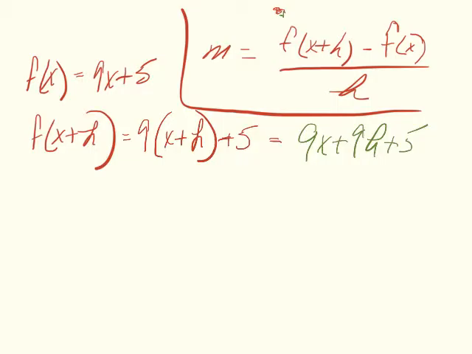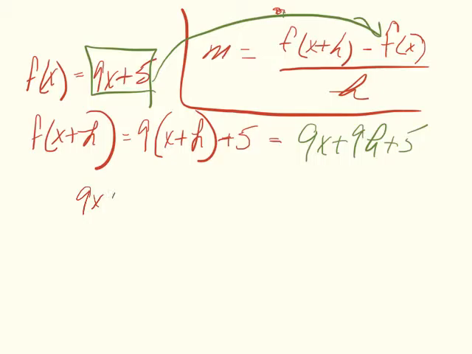And we know our f of x is this, so we're going to put that here. And our h we don't know, and that's just going to stay h. So let's put this all together in this formula that I have up here. So f of x plus h is 9x plus 9h plus 5.